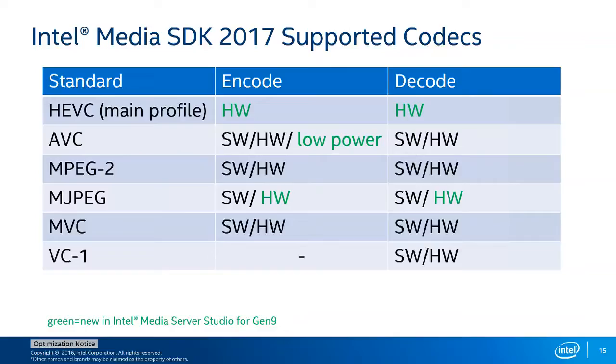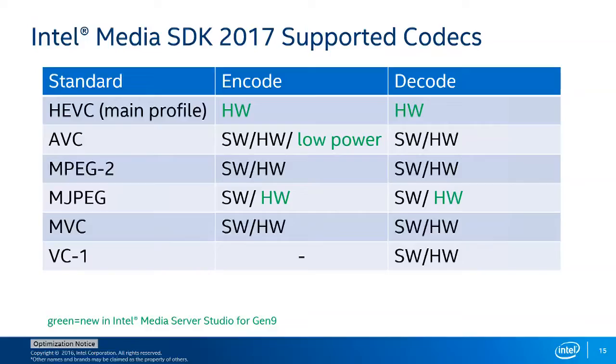So we now have a fully hardware accelerated HEVC, and so the big news is we've got the hardware acceleration that will give you some great performance. So some limitations to be aware of, though, are that the primary focus of Skylake and Media SDK 2017 is main profile.